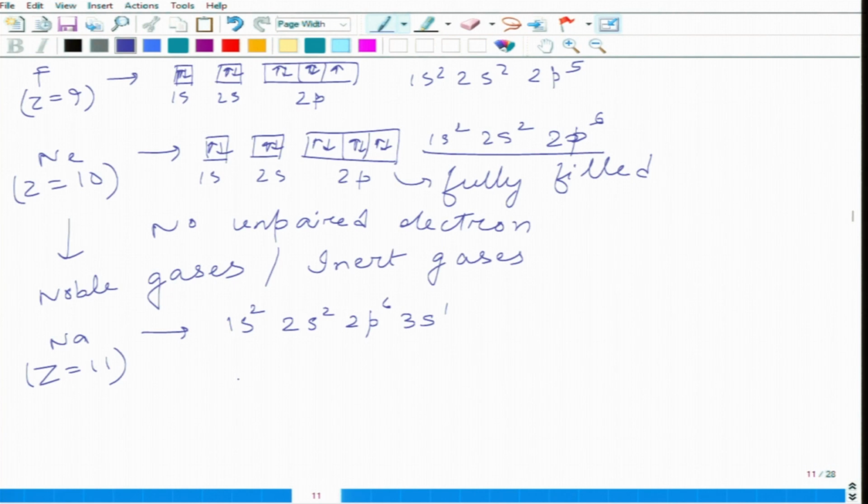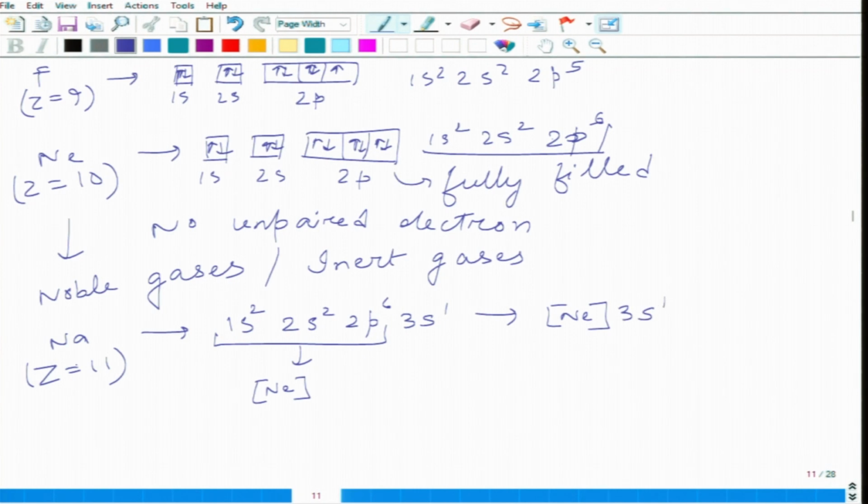So what we will do is this: the configuration of sodium is 1s2, 2s2, 2p6 and 3s1. Since this is the configuration of neon, we write this as Ne in a square bracket, and we can write the configuration of sodium as neon with 3s1.